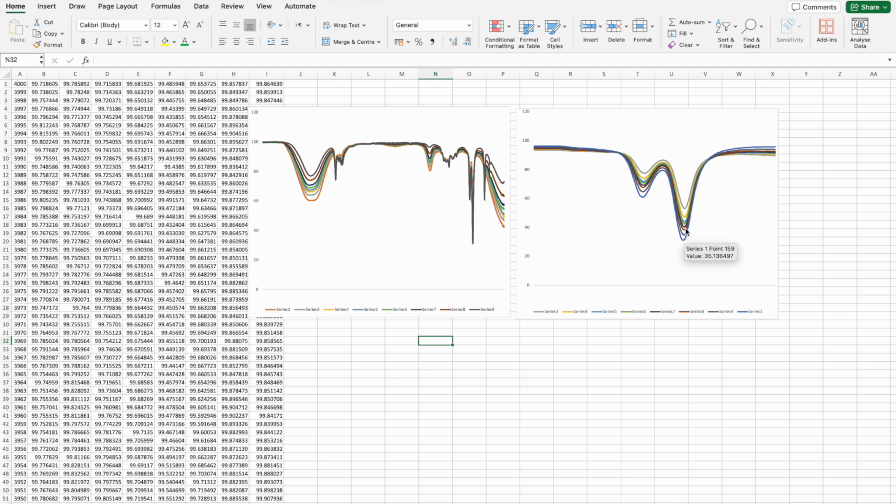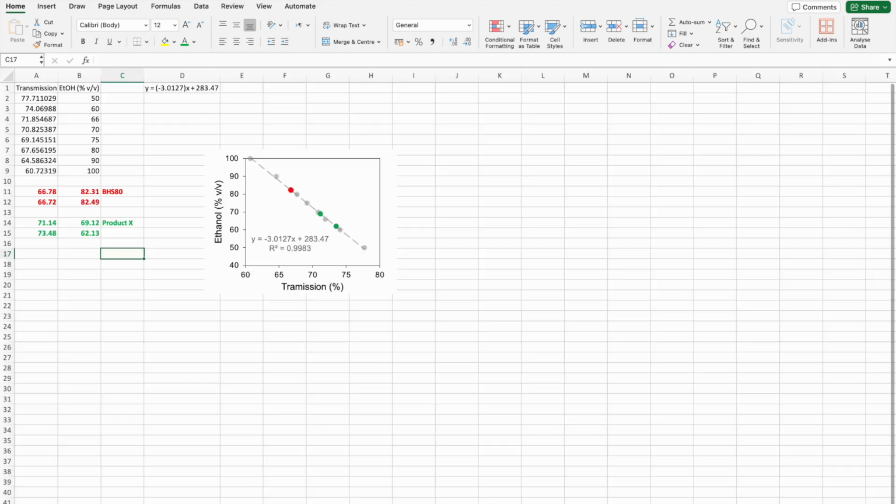So I took the peak maxima as the absorbance, or in this case percentage transmission, and the known ethanol concentration, using a known amount of ethanol, then recording the data. So an ethanol solution of 50% volume gave a transmission of 77%, and so on, okay?